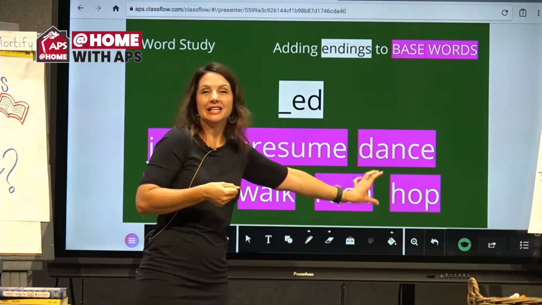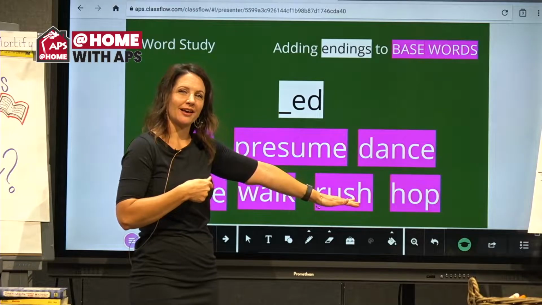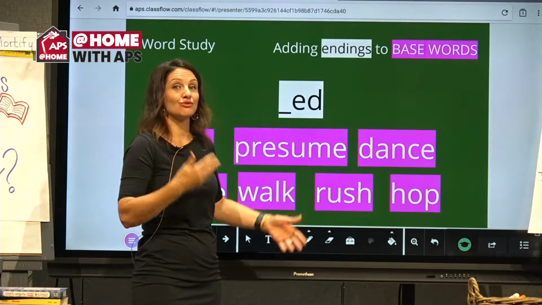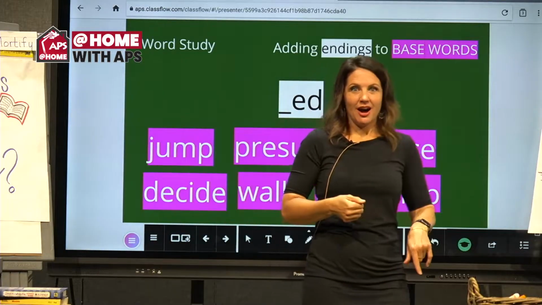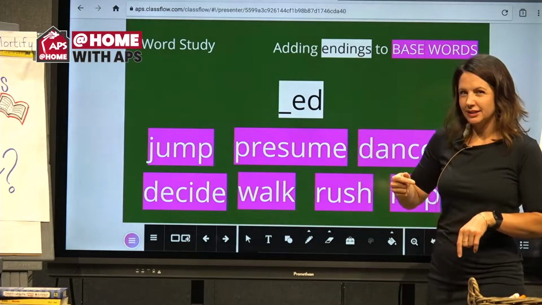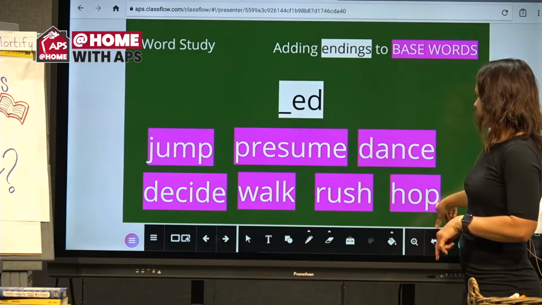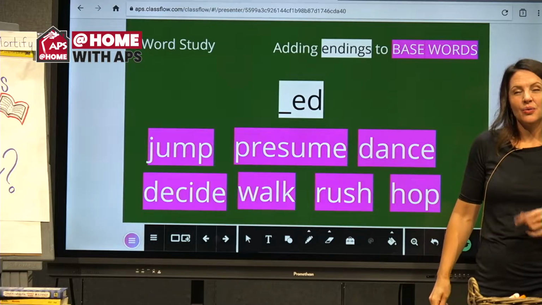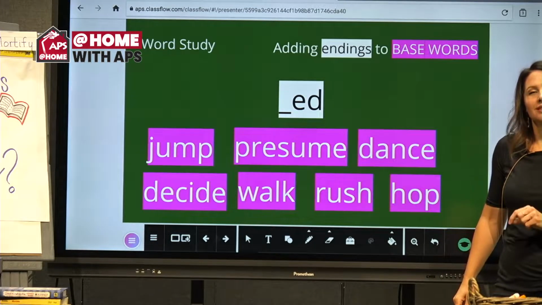If I add ed to the base word rush, what does that sound like? Rushed. Now I have this word, hop. Like a bunny will hop. If I add ed, what does that sound like? Hopped. Exactly.